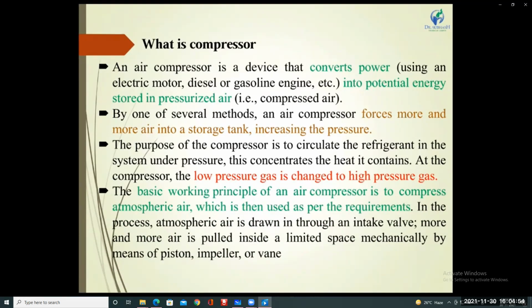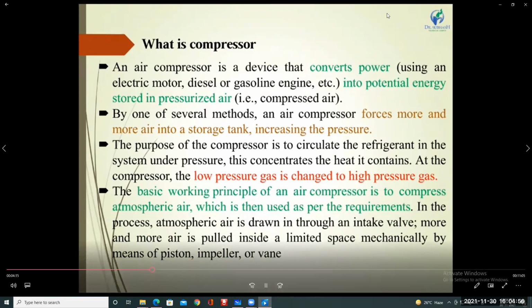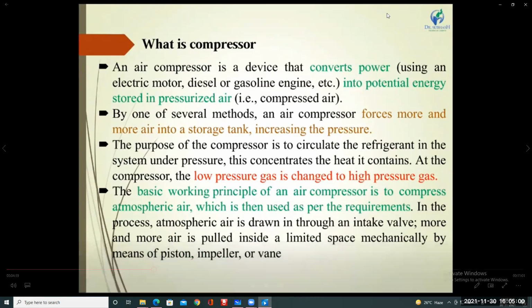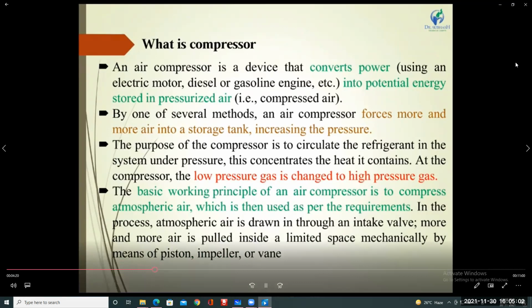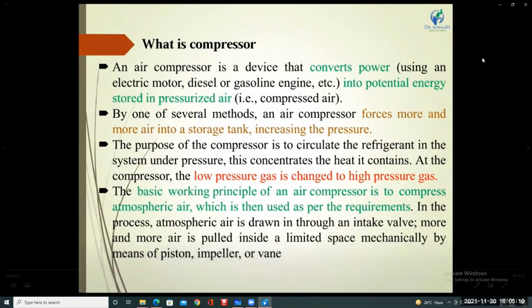Means we require a higher pressure, so we give more and more air into the storage tank. It gives a step by step pressure increase. This is the mechanical work done by the compressor through piston, impeller, or vane. This is the main function and working of the compressor.